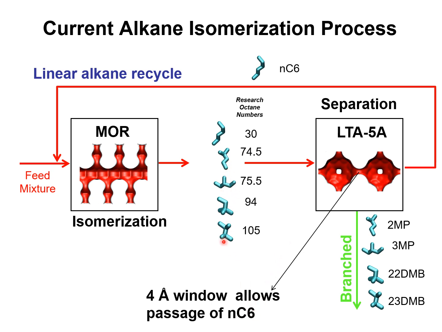The mono and the di-branched isomers are prevented from entering inside the pores of 5A zeolite. The rejected components consisting of monobranched and di-branched isomers can be incorporated into the gasoline pool, and the normal hexane can be recycled back to the isomerization reactor.